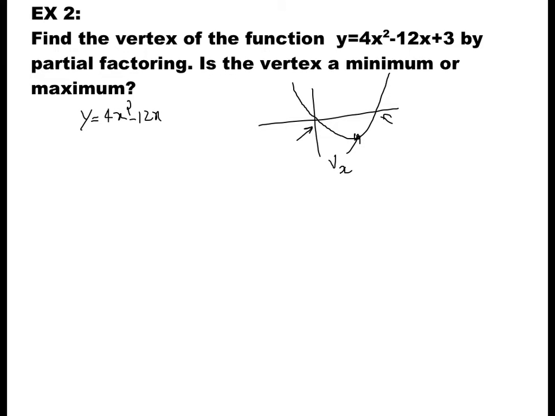Now when we add the number 3 here, what I am really doing is shifting this quadratic 3 units upward. But one thing that you have to remember is that the x-coordinate of the vertex is not changing. Although this one goes up, the vertex moves along the axis of symmetry.